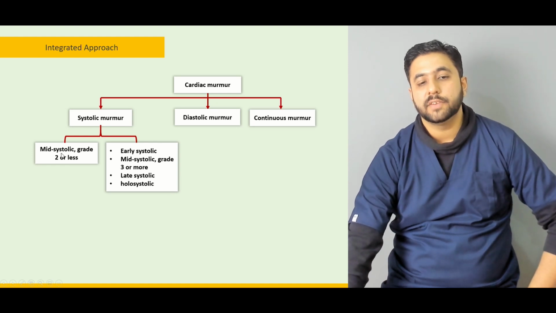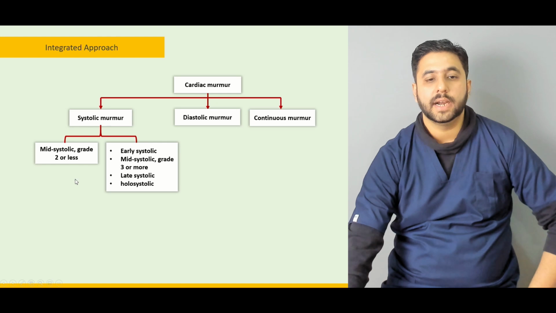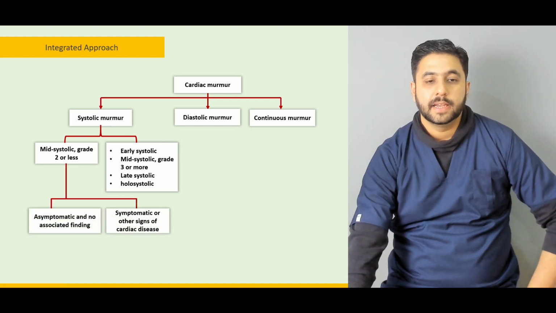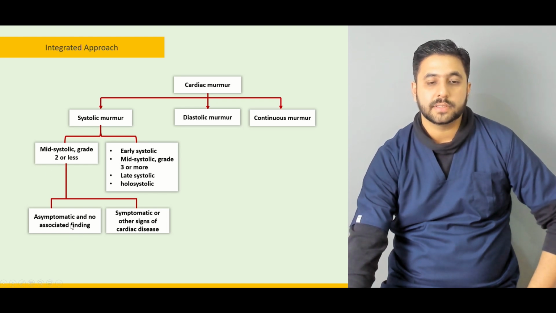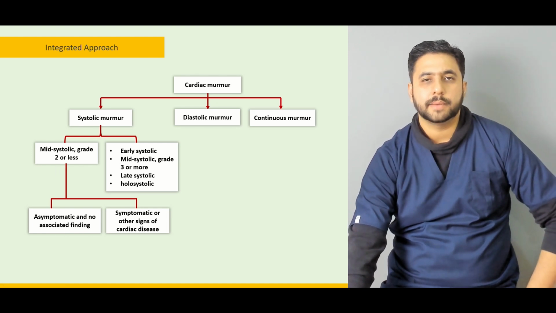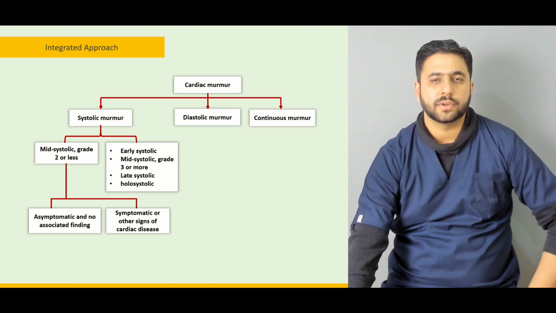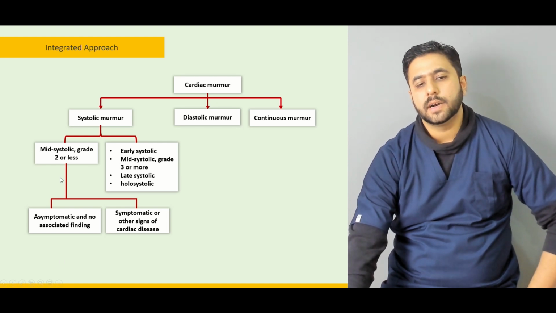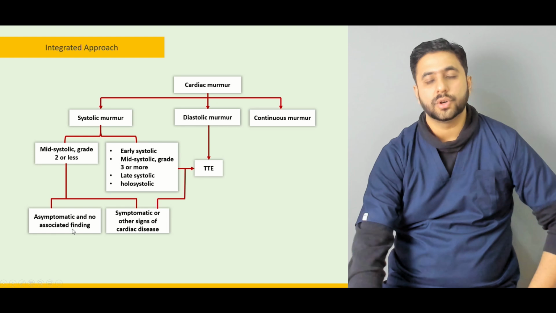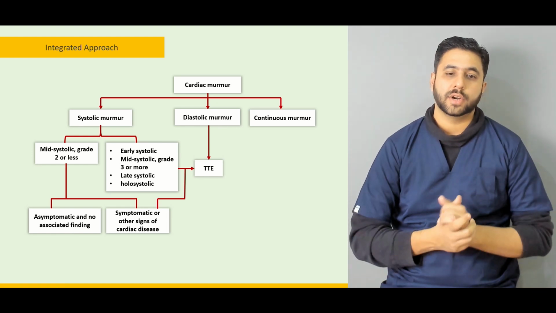On the other hand, if we have a mid-systolic grade 2 or less murmur, then we have to look at the bigger picture. If there is a grade 2 or less mid-systolic murmur and the patient is asymptomatic with no associated finding, for example, an accidental finding during a general physical examination for a job test in a young patient, we don't do anything. We don't go for the transthoracic echocardiogram.